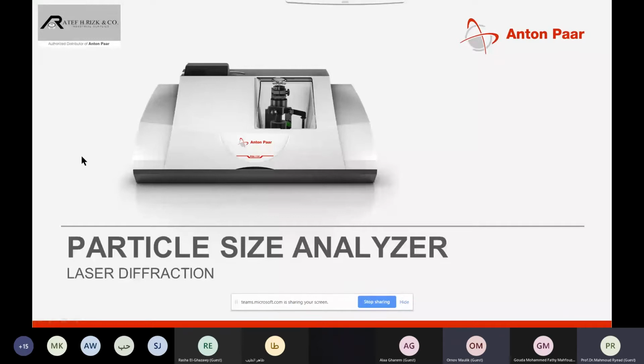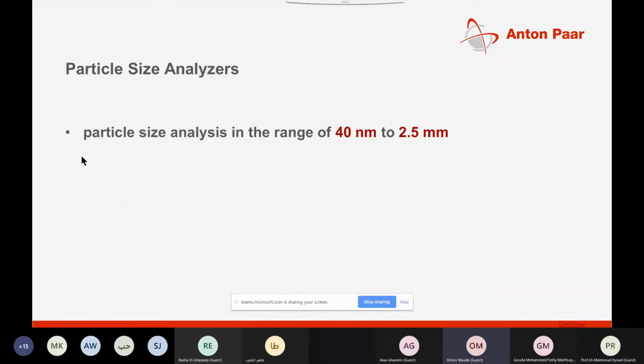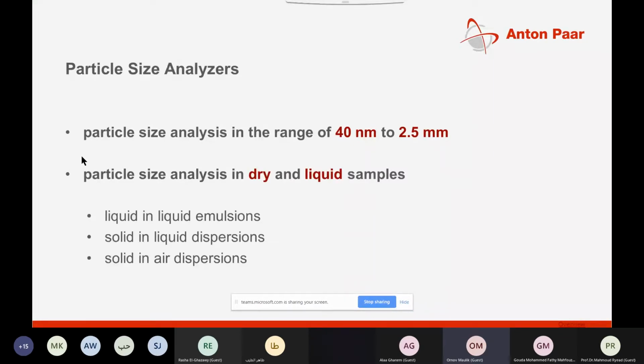As I mentioned, you can measure from 40 nanometers to 2.5 millimeters, and you can measure particles in dry as well as liquid form. So if you have liquid-in-liquid emulsions, solid-in-liquid dispersions, or solid dry powder, you can measure all sorts of particles in any form using this technique. And it is meant for sizes down to 40 nanometers.